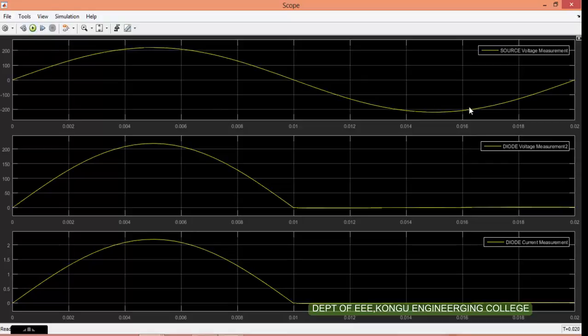Once you simulate your circuit, you will get the names: source voltage measurement, this is diode voltage, this is diode current.